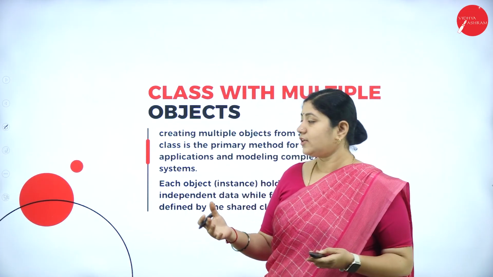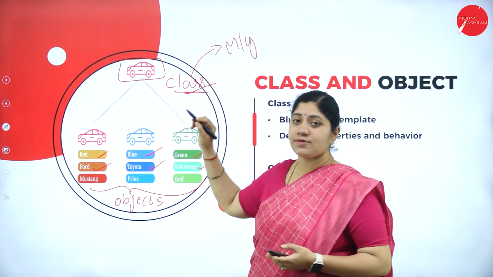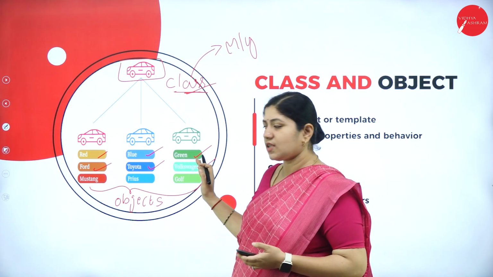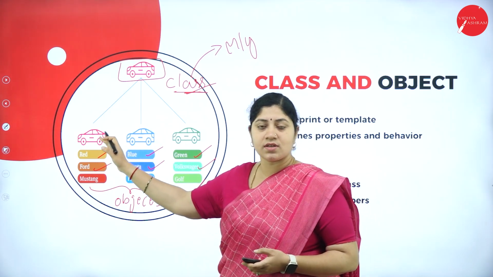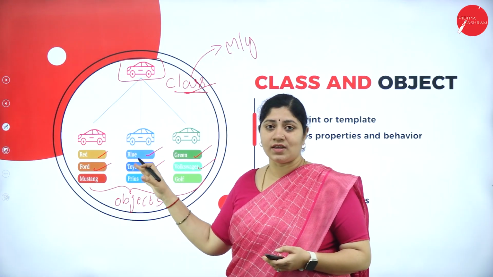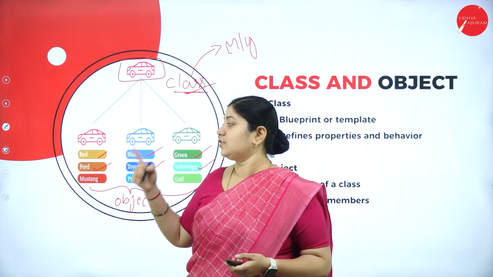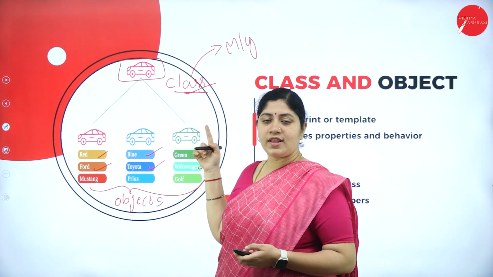Let's see that we have learned it in our example, correct? For a single class, we have created multiple objects, like we can consider car 1, car 2, car 3, or first car, second car, third car, anything. With respect to car 1, one object will be created, then the second object and the third object.